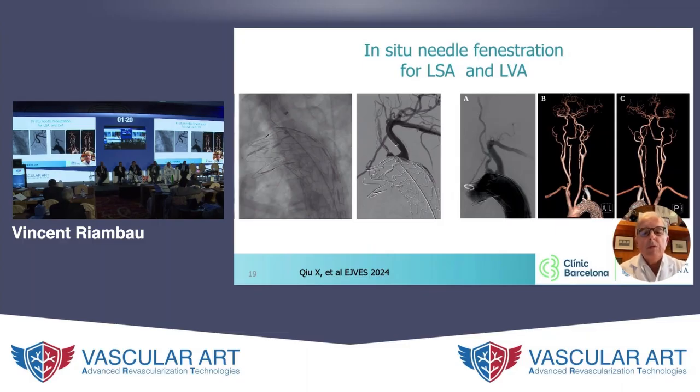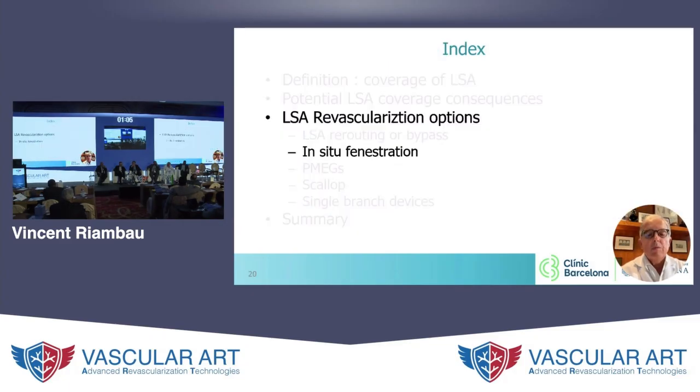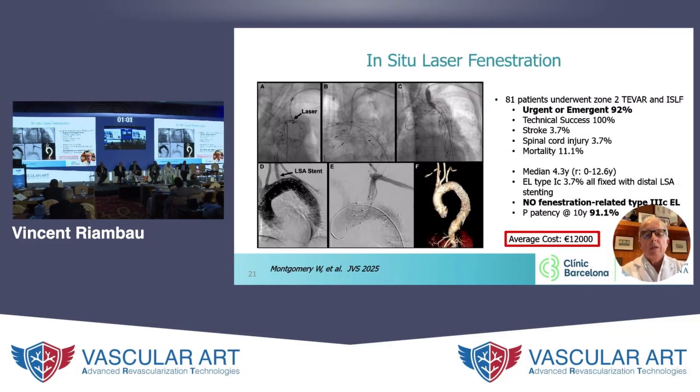In situ fenestration, as you can see here, is possible from inside. It is a retrograde in situ fenestration for the left vertebral artery that is taking off directly or independently in the arch. Moving forward with in situ fenestration, you also have nice results, with technical success of 100% in this urgent and emergent series, mostly 92% of the cases.